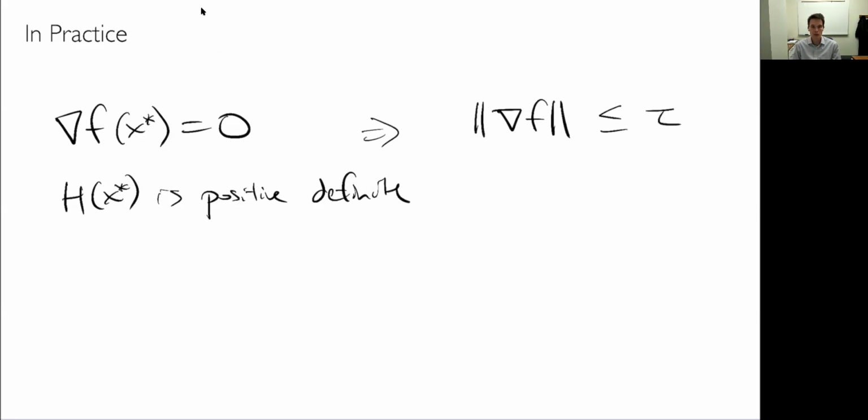So we choose some tolerance. Tau is typically around 1e-6, and often it's a relative tolerance. We'll discuss that a bit more later. But the point here is that we'll never get to exactly 0, right? Because we have some finite precision. So we'll just choose some tolerance that says the gradient is within finite precision, some small number.